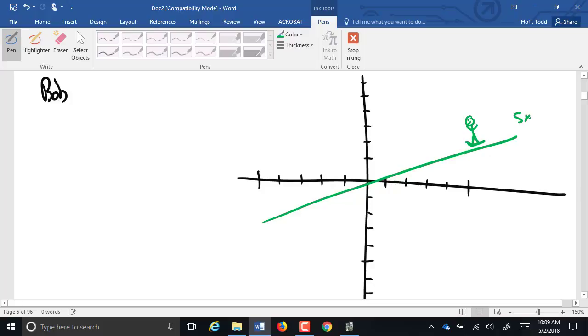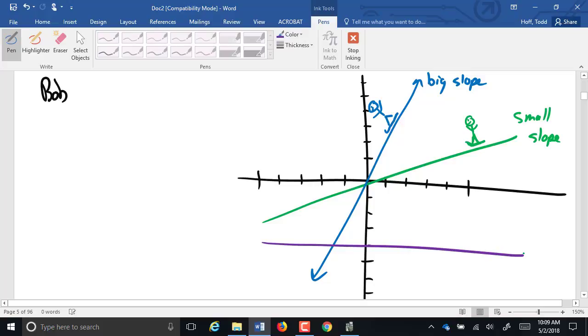So this is small slope, small fun. If Bob skis down a slope like this, he has a lot of fun. Big slope means big fun.